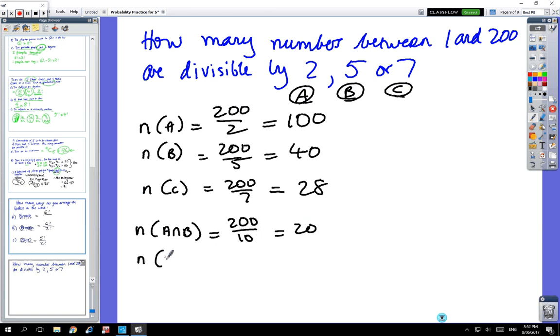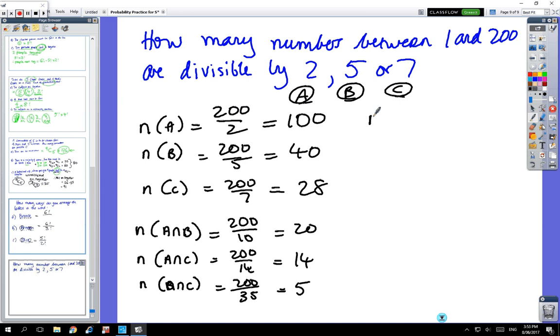The number in A and C, okay, 2 sevens are 14. So we do that calculation, 200 divided by 14 equals 14. The number in B and C equals 200 divided by 5 sevens are 35. 200 divided by 35 equals 5.